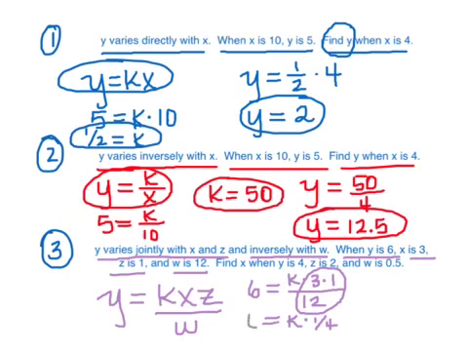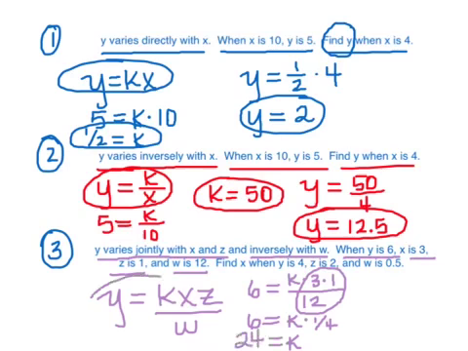To get rid of the 1/4, we multiply both sides by 4, or divide both sides by 1/4, depending on what method you use. In either case, you should get 24 for your k.